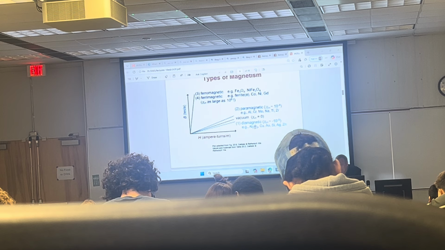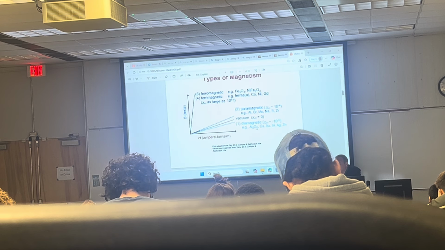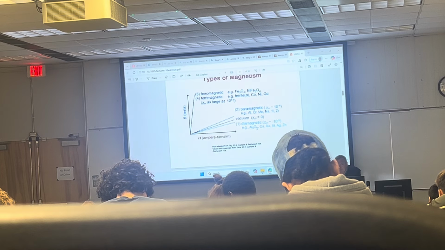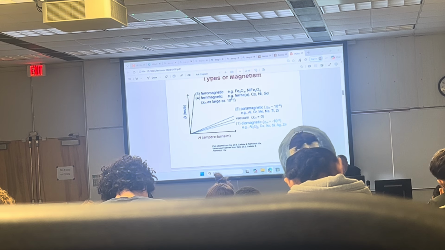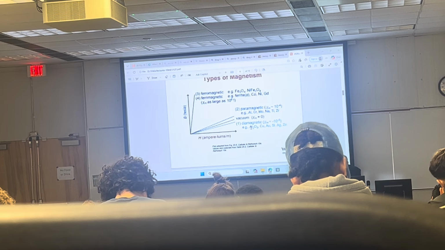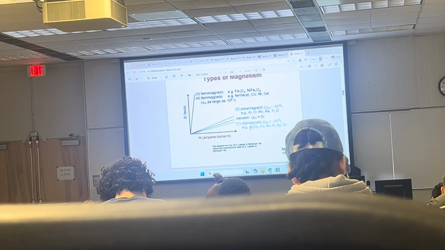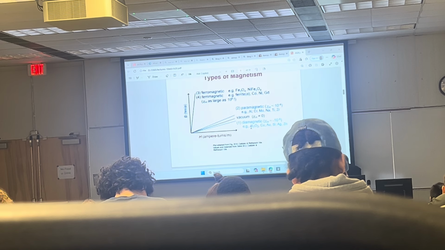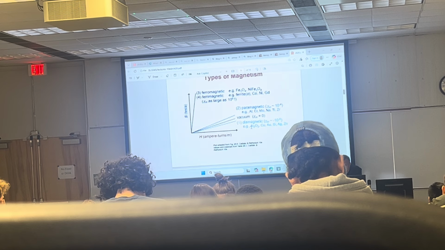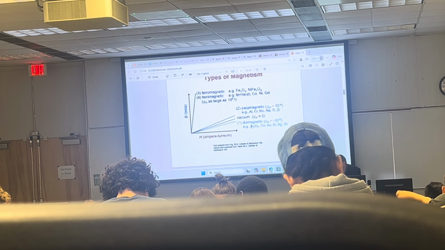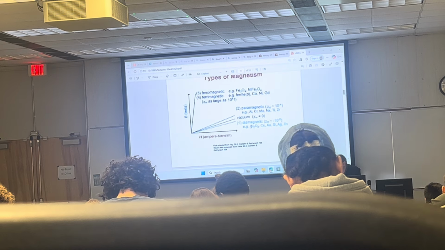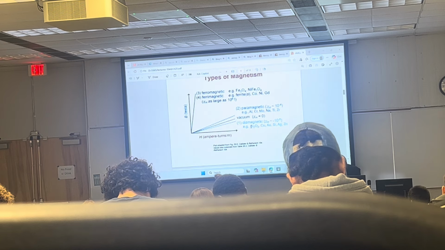Diamagnetic, what do we have here? Al2O3, or aluminum. What class of materials is that? This is aluminum oxide. Is that a metal? Aluminum is a metal, but is it a metal? Is it a polymer?